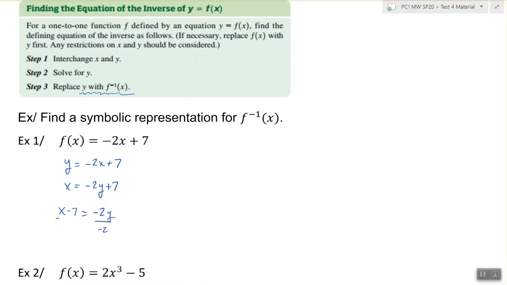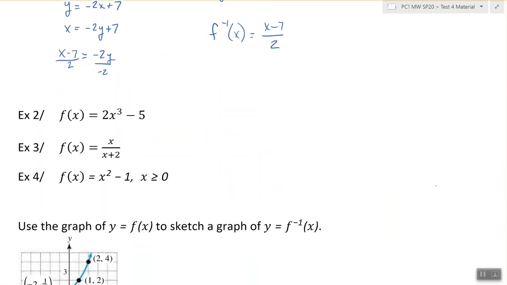Divide by -2, and I get y equals (x minus 7) over -2. And then instead of saying y, we'll say f inverse of x equals (x minus 7) over -2. Okay. There's your inverse. Let's see if we can try another.